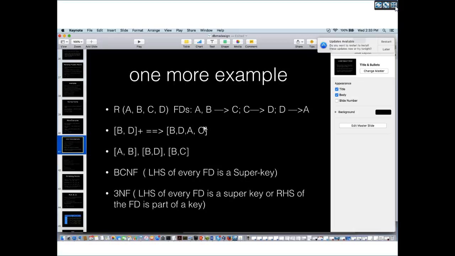Because you can see here, any splitting of this relationship, as an exercise, just take this example and try to split it, then you will have problems of dependency preservation. Okay? Whatever way you want to split this relationship, you will get into a dependency preservation problem.